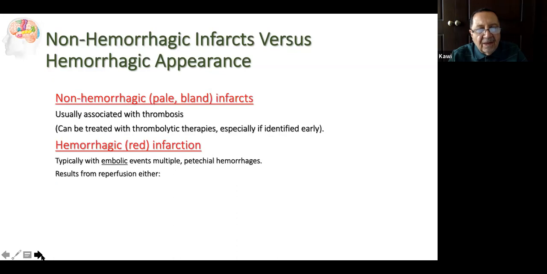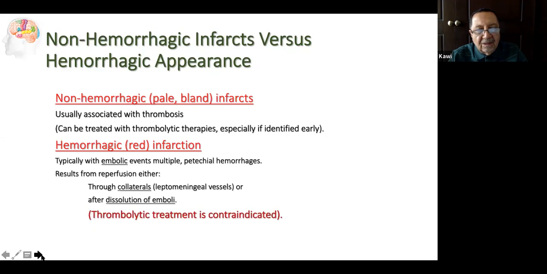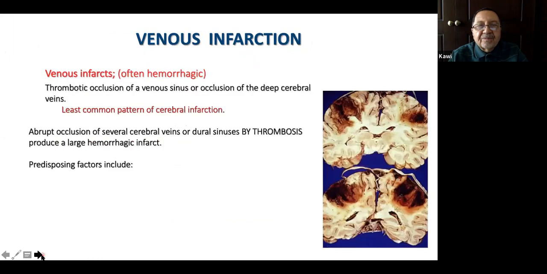The endothelium cannot take the stress of blood pressure inside, and the reperfusion can happen through the collaterals from the leptomeningeal vessels or by dissolution of emboli, and then it will cause bleeding. Sometimes that happens when we, as a treatment, apply thrombolytic treatment, and the clot gets dissolved, and then there is some focal hemorrhage.